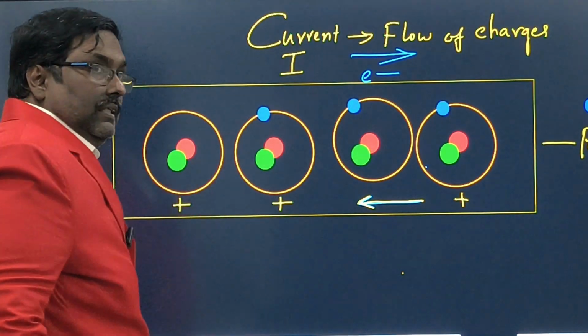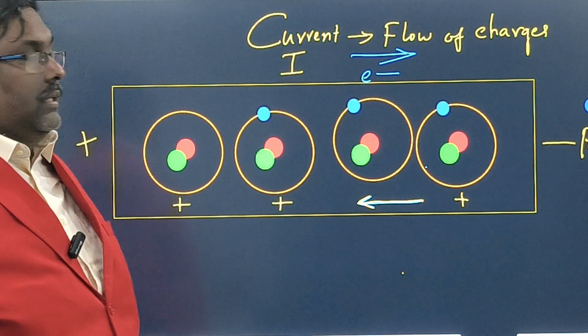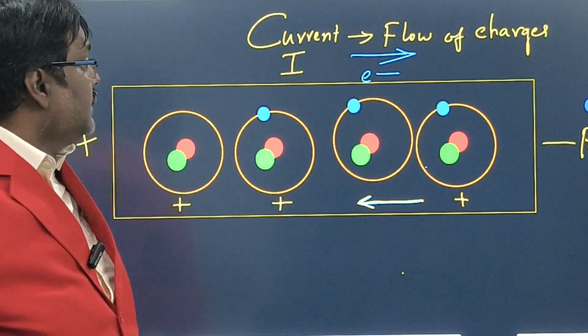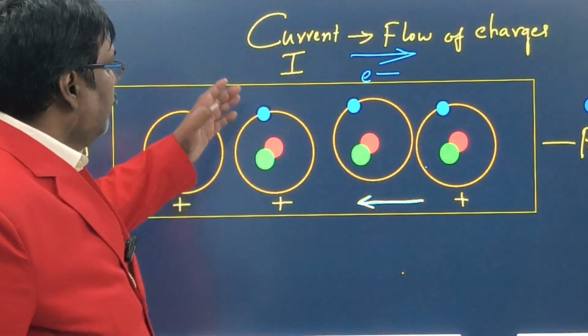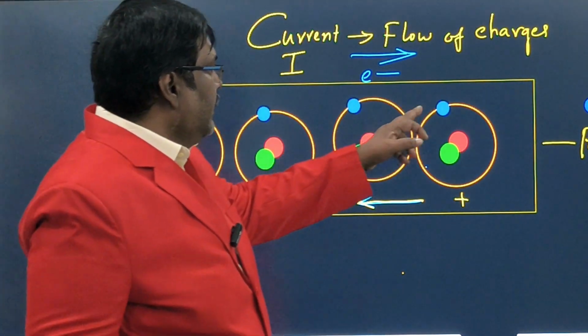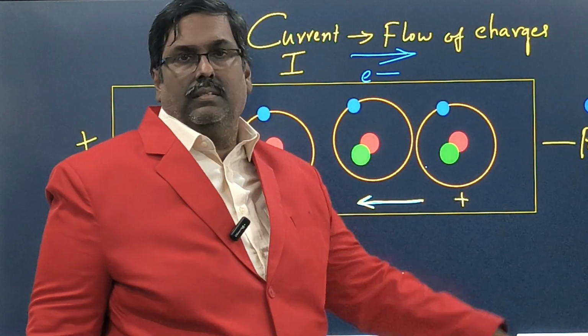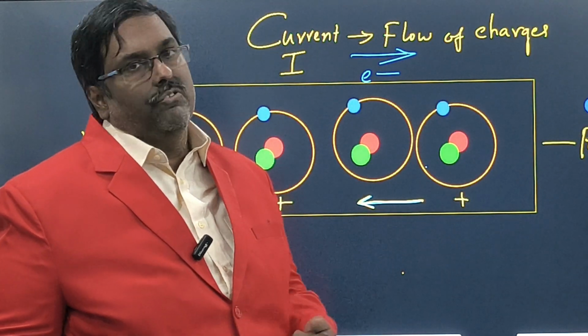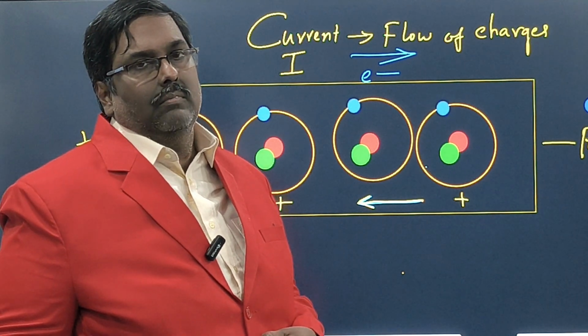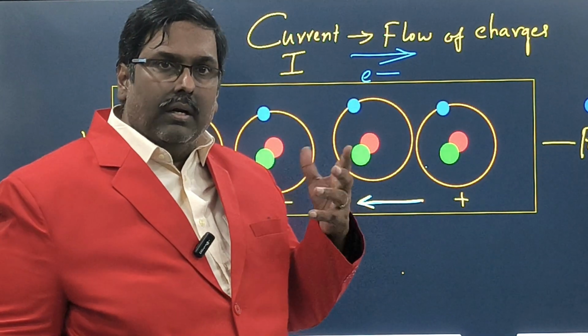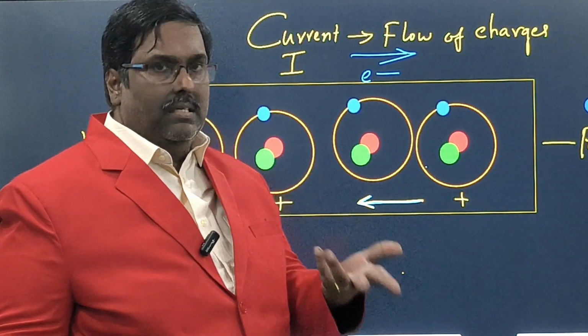We are going to discuss this in a few minutes. What is this current? It has two units. One thing: to pull this electron, we need some force. That is called electromotive force. Correct? To move the electron, we need some force.